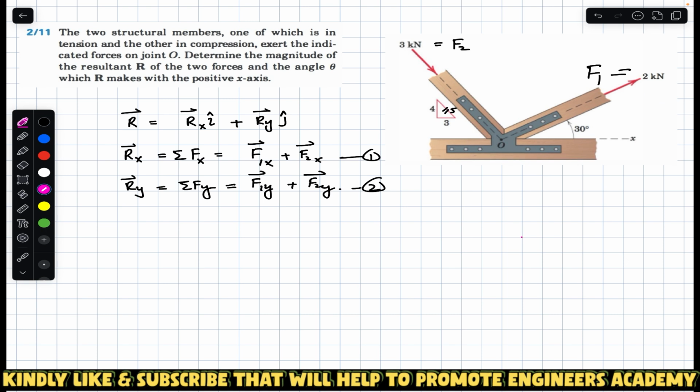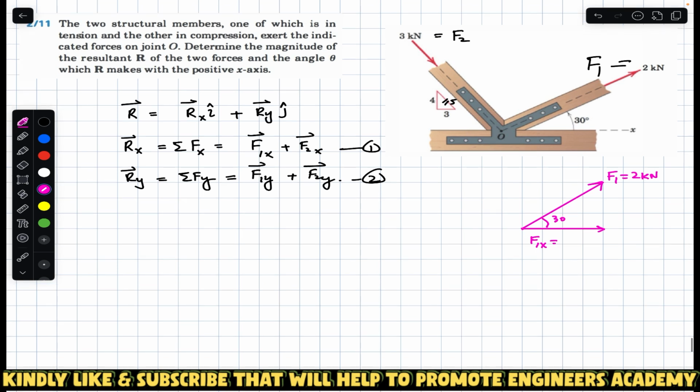Let me draw the free body diagram. So this is that point O, and we are having this 2 kilonewton force, which is F1. F1 is equal to 2 kilonewton. It will have one component in the positive x. This angle is 30°. So F1x will be equal to F1 cos 30°, because this component is adjacent to the angle.